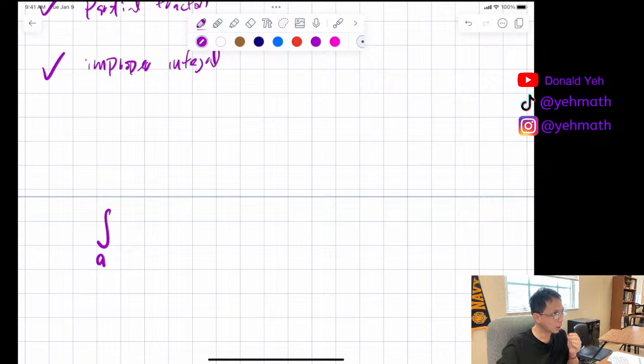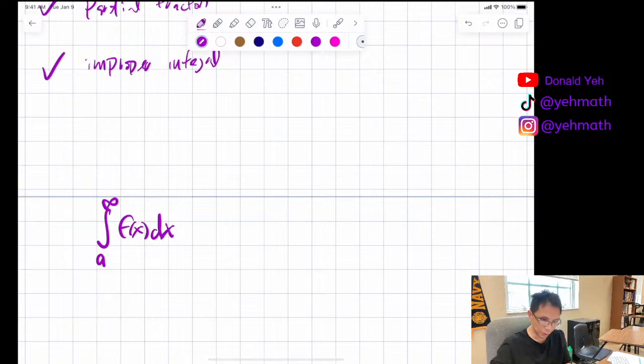It works. Oh yeah. All right, so the integration from a to infinity of f of x dx. When it reaches infinity, you have to rewrite it correctly, which is you have to say limit as b approaches infinity of the integral from a to b of f of x dx.